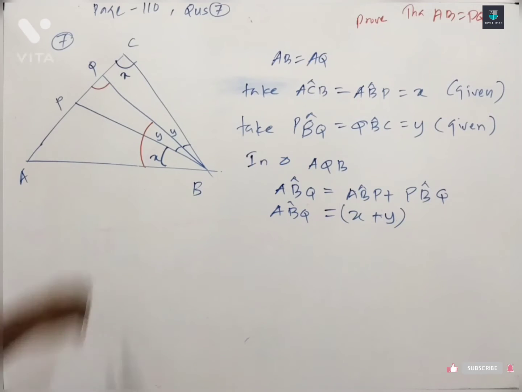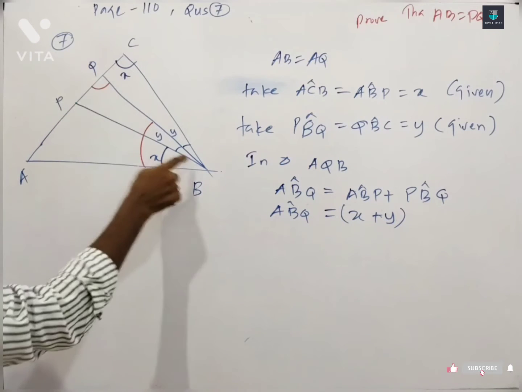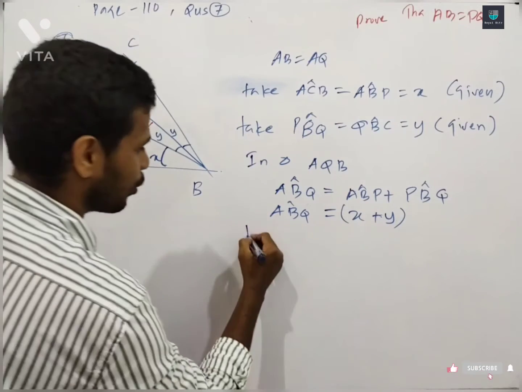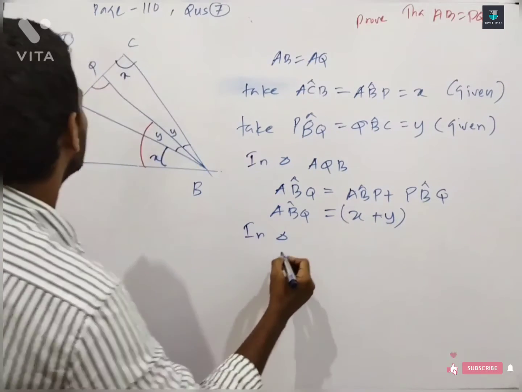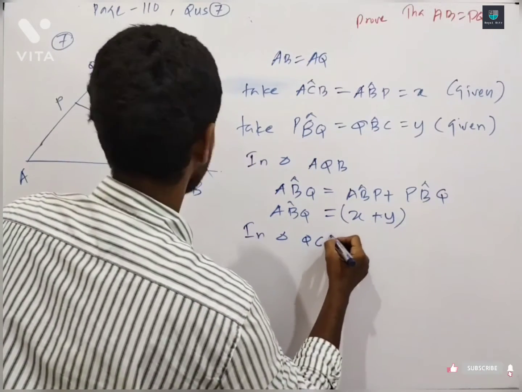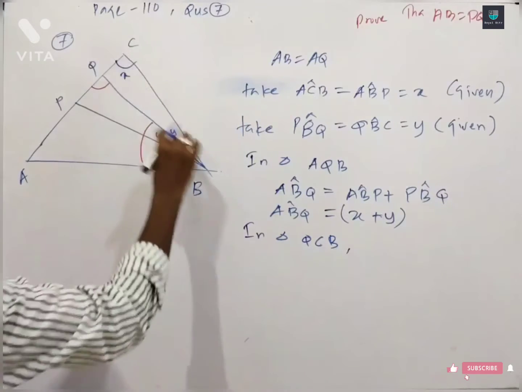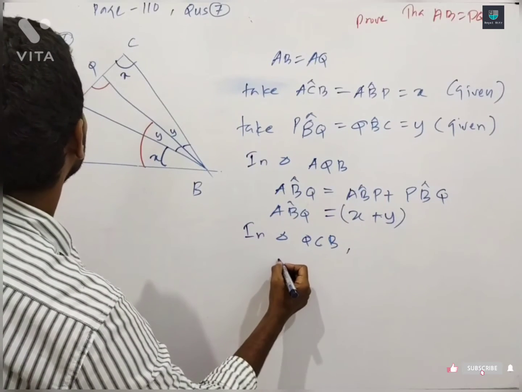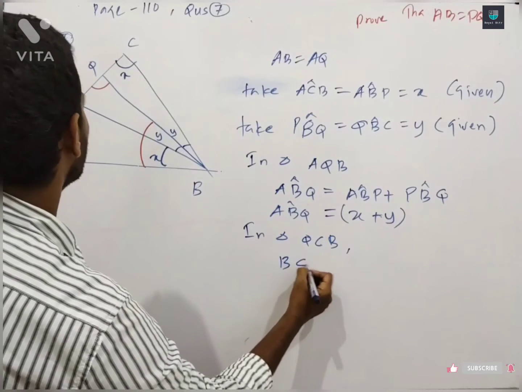Now, good idea. So now see, this is equal to, in this triangle, so now you can write down. So now go to triangle QCB. In this triangle, the angle BQA.